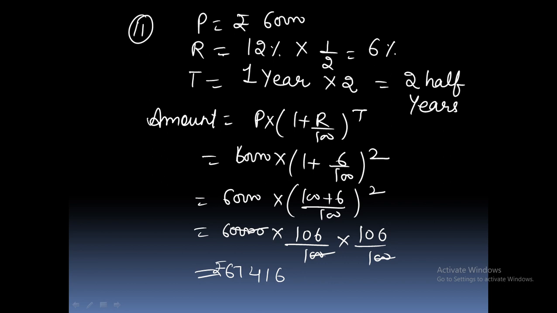when we use time 1 year, but here we are given rate of interest per annum compounded half yearly.